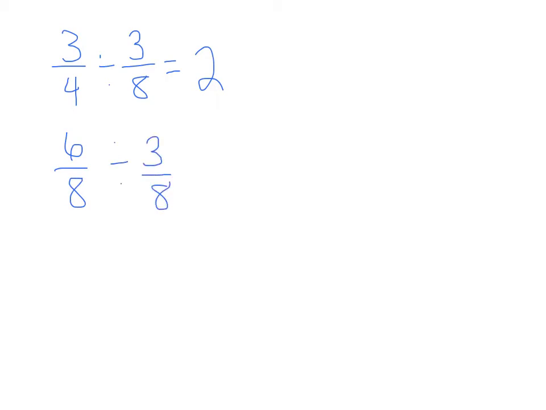In the previous slide, we learned that doing 3/4 divided by 3/8 equaled 2 because we renamed the fraction 3/4 into 6/8 and used a model to show how many 3/8 were in 6/8, and we got 2.